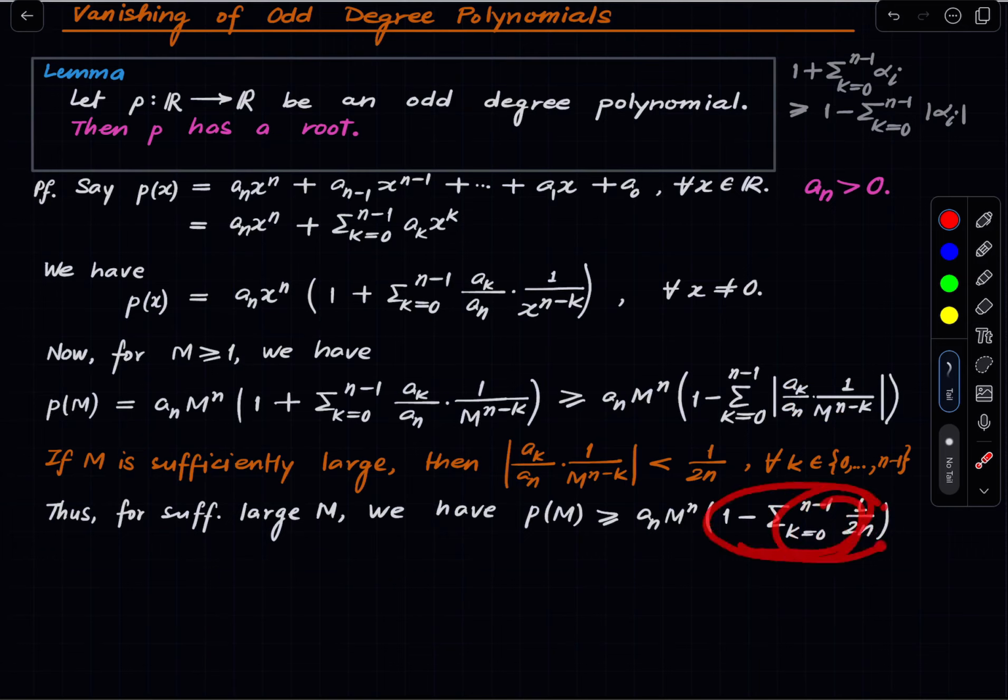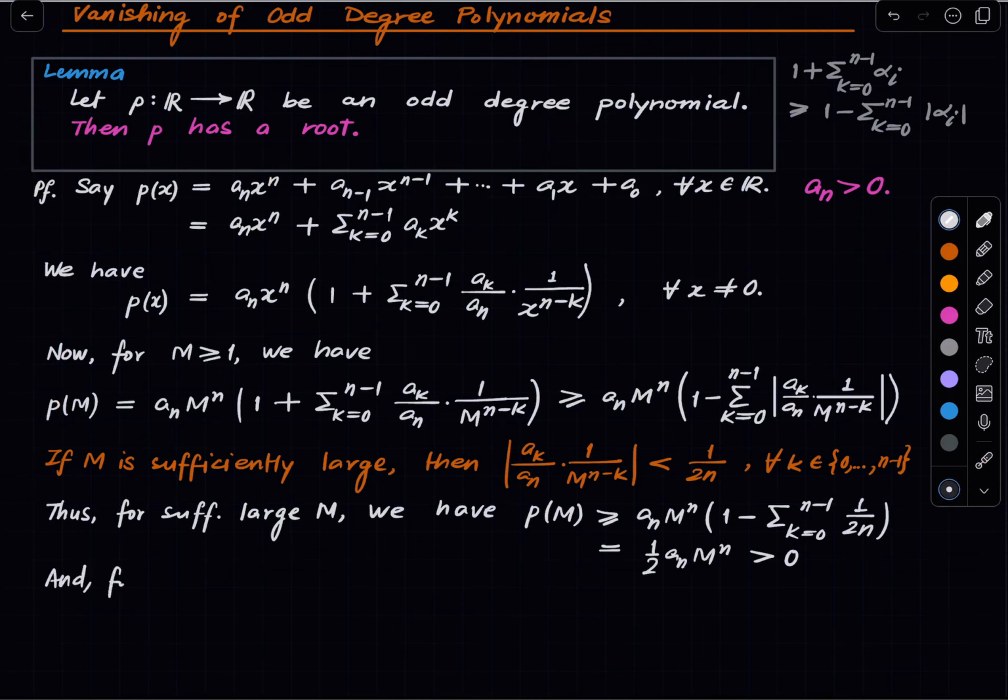So this is a half, and hence this thing is equal to half of this, but this is a positive thing, because an was positive. So for sufficiently large integers m, we get a positive value of the polynomial. So far we haven't even used the fact that n is odd. This holds even for even degree polynomials. This argument has nothing to do with oddness, but we use oddness here.